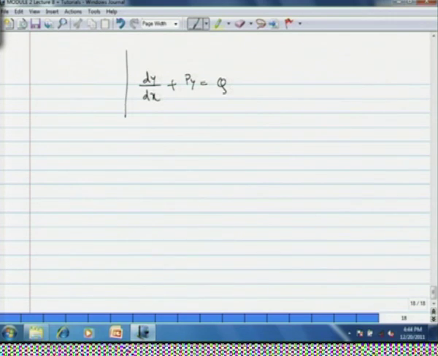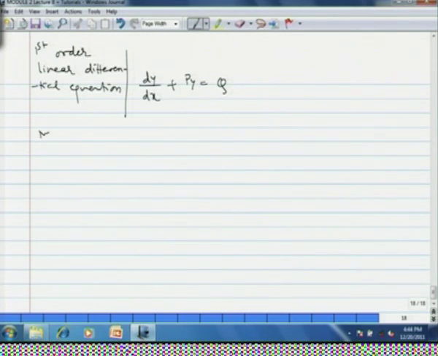Okay. This is a first order linear differential equation in the general form, and what we have is very similar.